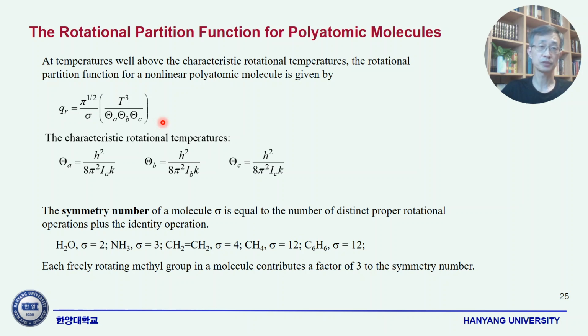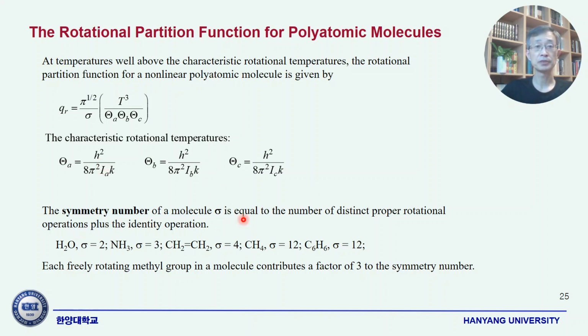So this is the rotational partition function. And each characteristic rotational temperature for each rotational degree of freedom, θ_A, θ_B, θ_C, uses the same formula except with the moment of inertia for that particular rotational axis A, B, C.